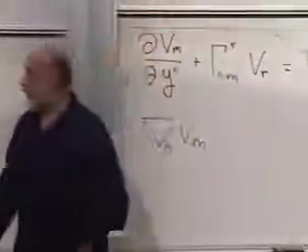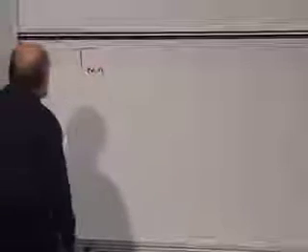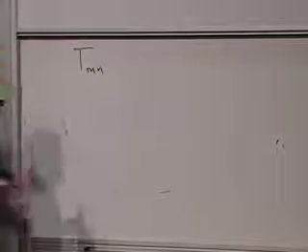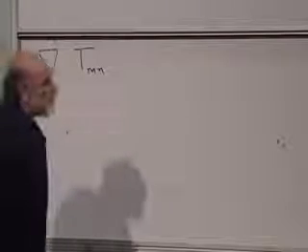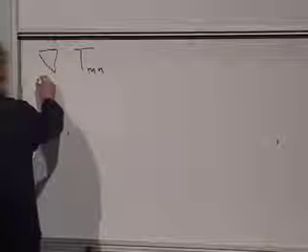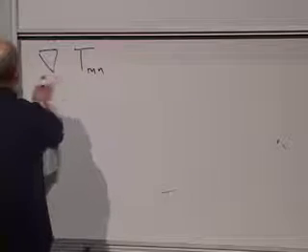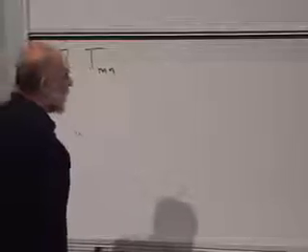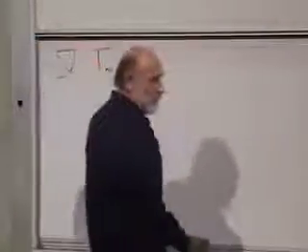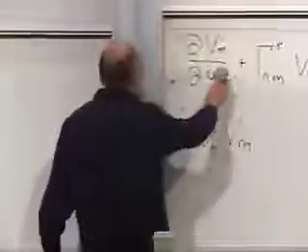But for a tensor, we have to do a more complicated operation. Let's take some tensor, not necessarily this tensor over here, any tensor, with two indices, for example, Tmn, and supposing we want to find its covariant derivative. I want to change notation here a little bit.